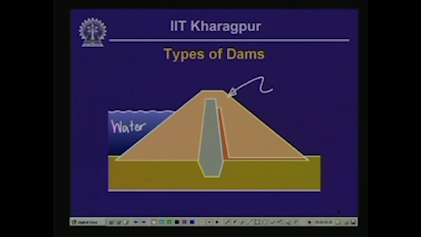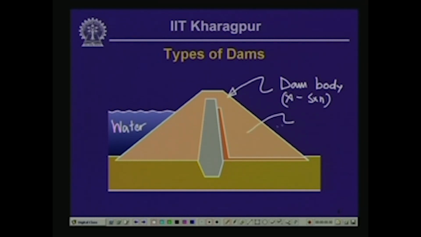This is the cross section of the dam body, and here we can see that the embankment is a multi-zone embankment.